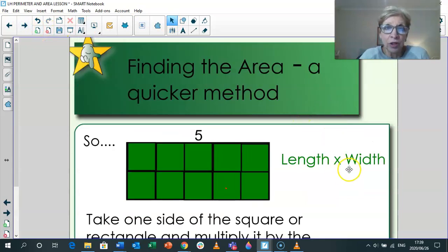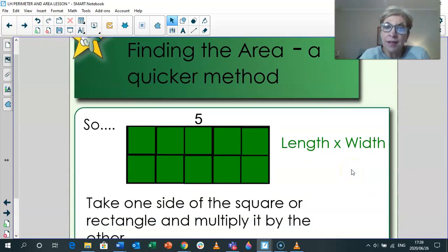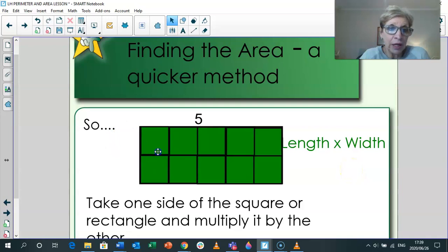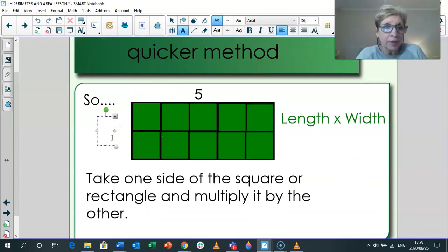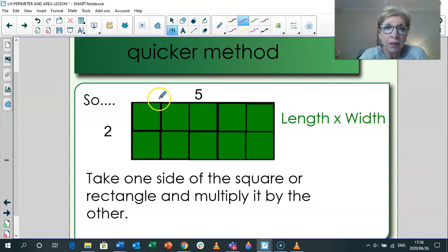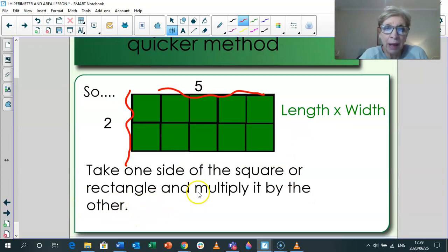Okay, let's have a look. This is the same rectangle. There should be a 2 here actually. I don't know where it disappeared to, so let's quickly add it in. We have 2 there. So it's 5 squares on this side, 5 squares that side, 2 squares on the width. So we take one side of the rectangle and multiply it by the other.